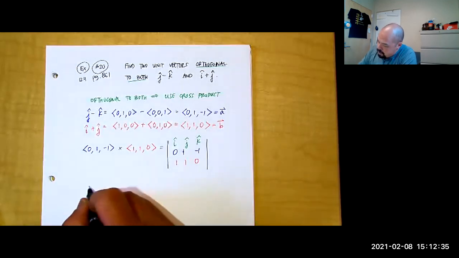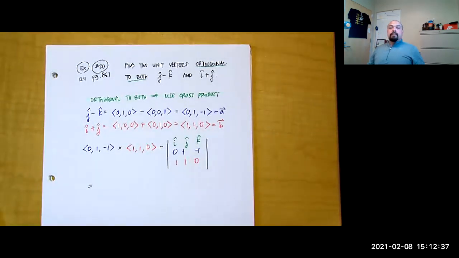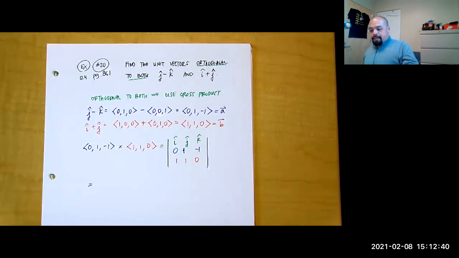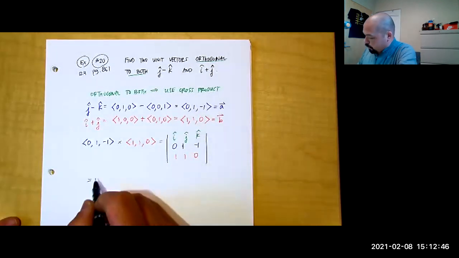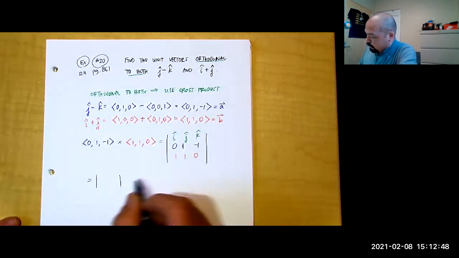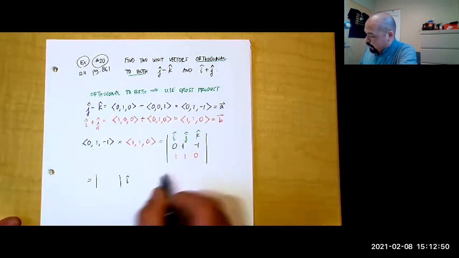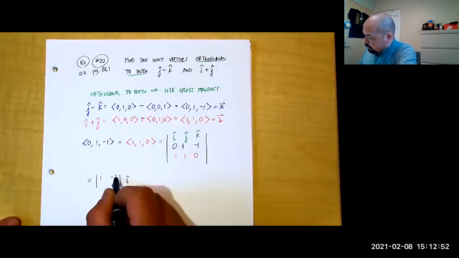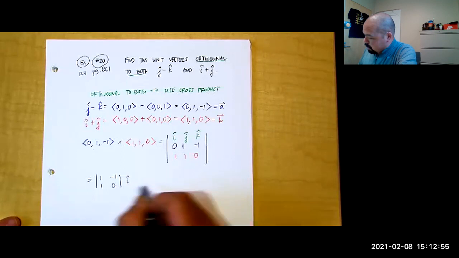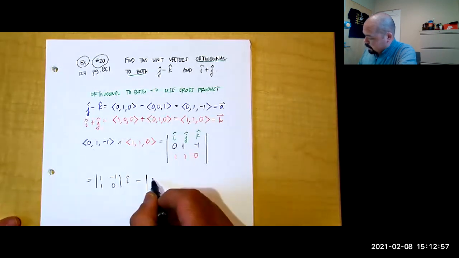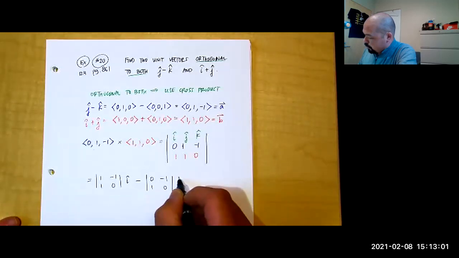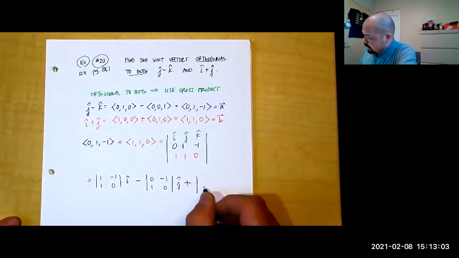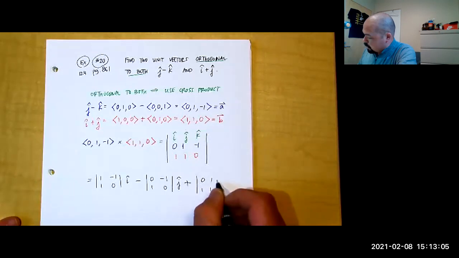And expanding, right? Dealing with our determinant of the 3 by 3 matrix. Jumping right into it, okay? So for our i, we're going to get here 1, negative 1, 1, 0, minus 0, negative 1, 1, 0, j, plus 0, 1, 1, 1 for the k.